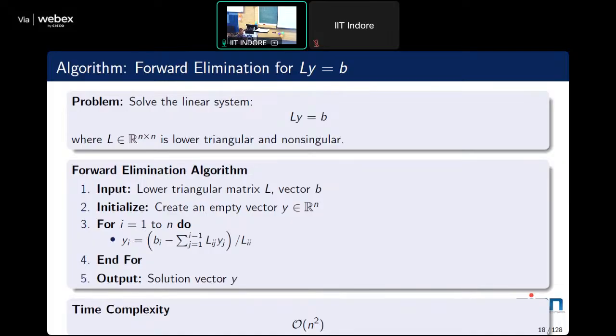Otherwise, it is singular, because determinant of A equals determinant of L into determinant of U. So any of these, L and U, should be non-zero. All of these at a time should be non-zero. Otherwise, the matrix would be singular. So here L is a non-singular matrix and U is also a non-singular matrix. So you can get this, and finally you can get the output.